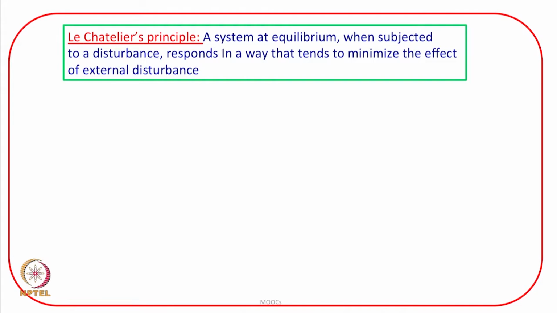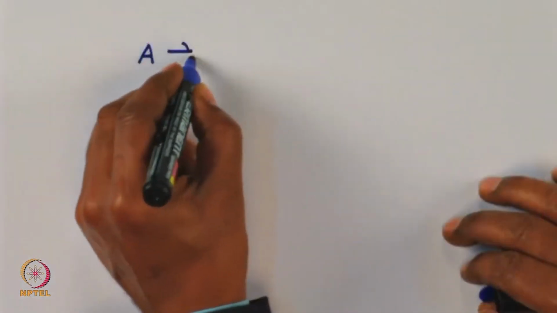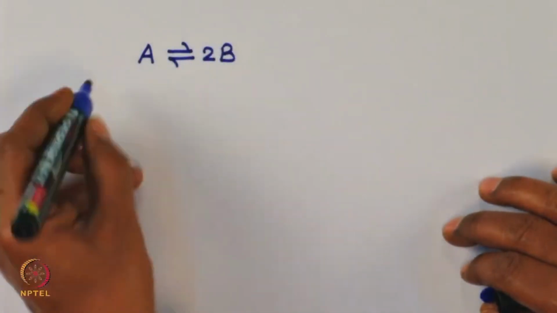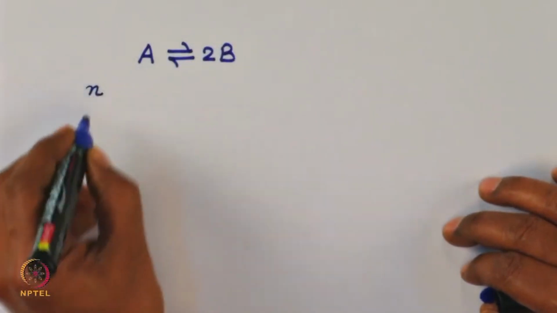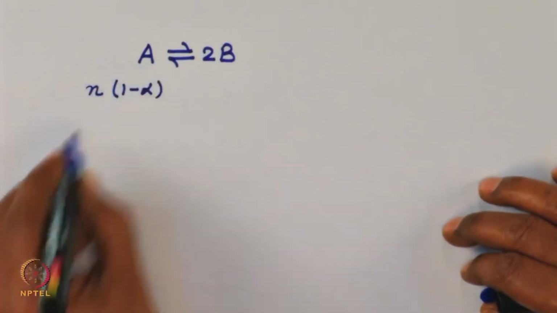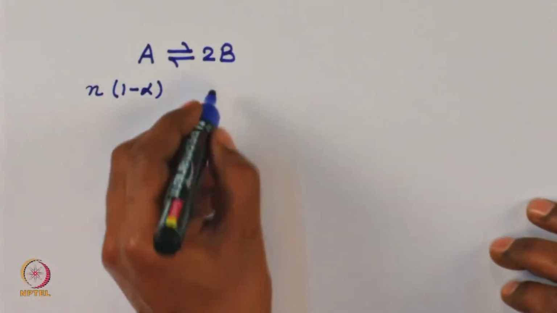Let us extend the discussion on the dissociation reaction which is under discussion. We are talking about A dissociating to 2B. And let us say we had n moles in the beginning and the extent of dissociation or degree of dissociation is alpha.